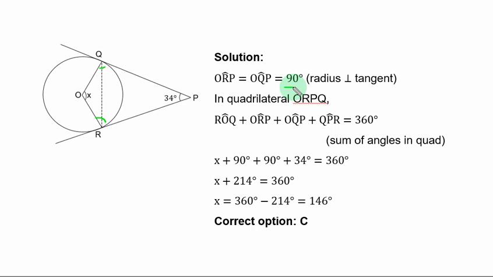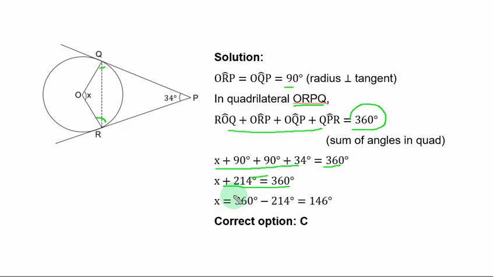Now, in quadrilateral ORPQ, if you add the four angles, the sum is 360 degrees. If you add, you have this result.